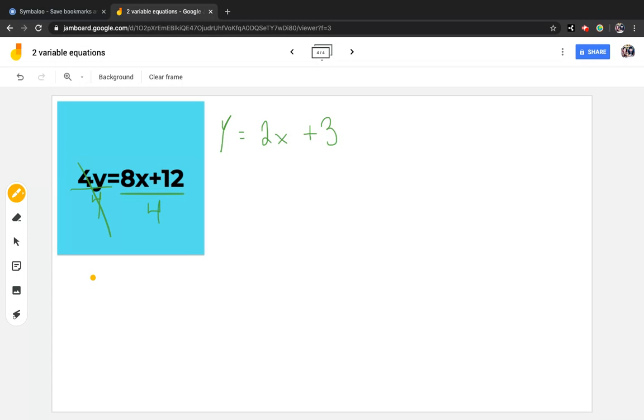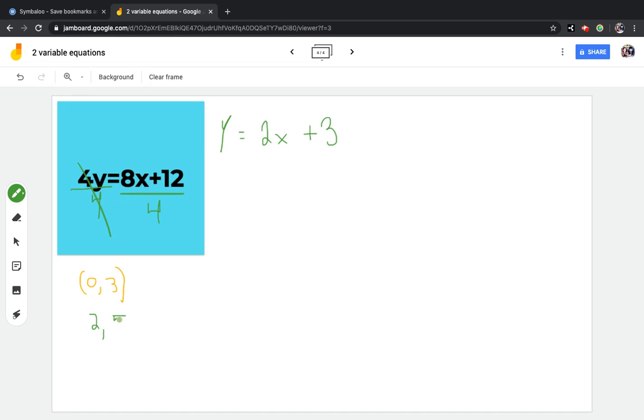So if I'm going to say my x is 0, 2 times 0 is 0, plus 3 would be 3. So I have 0, 3. Let's replace my x with a 1. 2 times 1 would be 2, plus 3 would be 5. 1, 5.